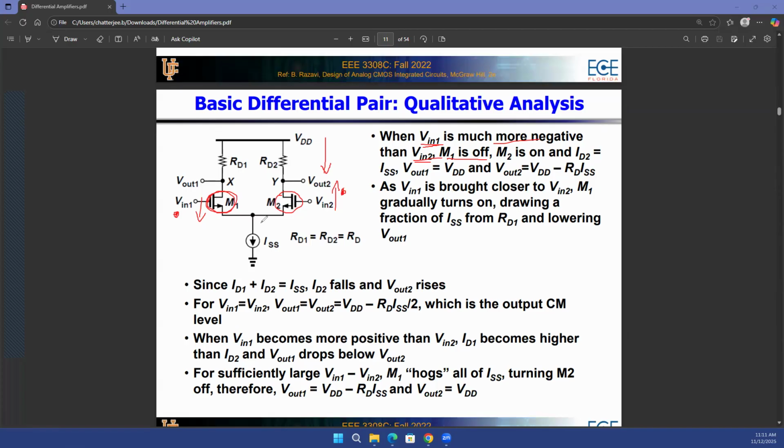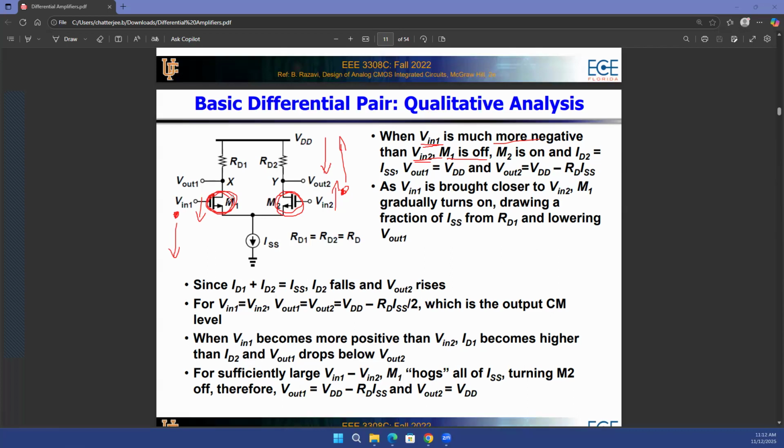But if you have gone to the extremes, so right now we are just talking about the extremes for now. Let's say you have a Vin1 voltage, which is very, very low, very close to zero, and you have a Vin2 voltage, which is very, very high, close to your VDD. In that case, your M1 transistor is likely to be off and your M2 transistor is likely to be on. So if the transistor is off, there cannot be any current through it.